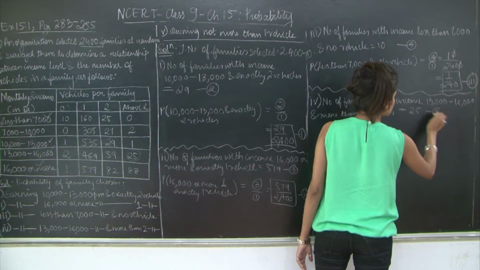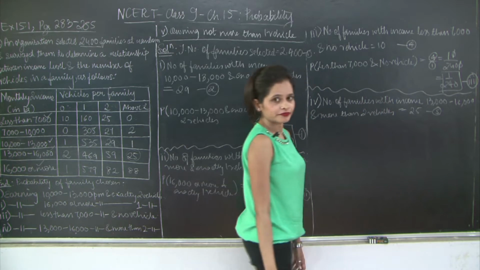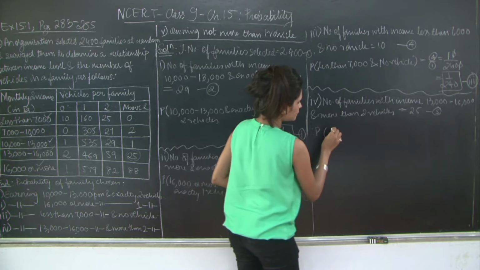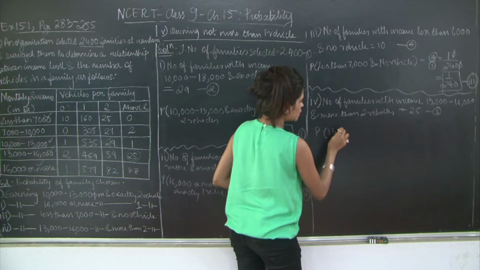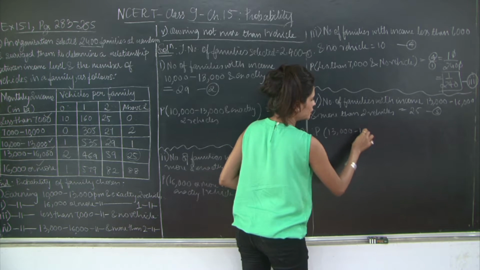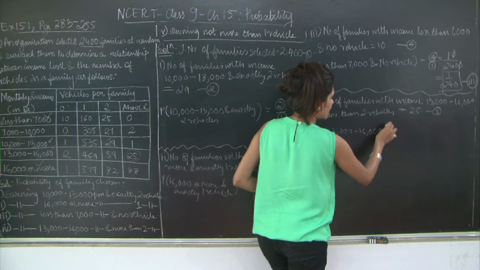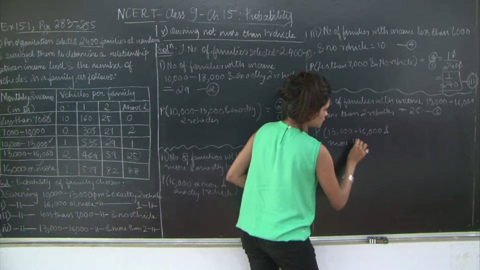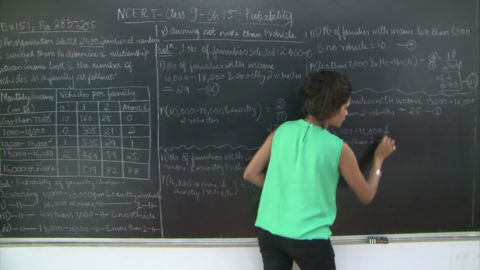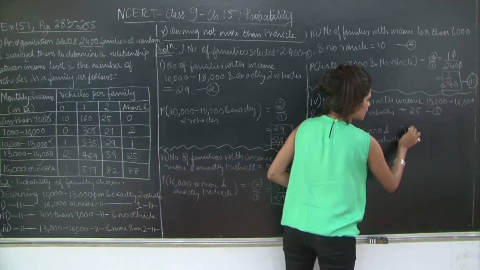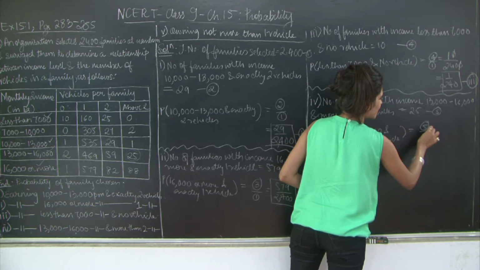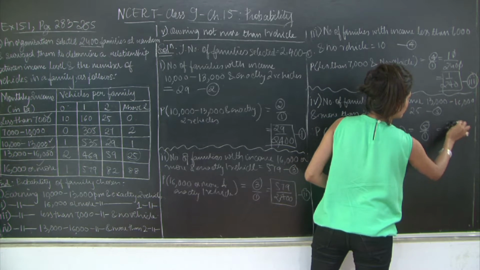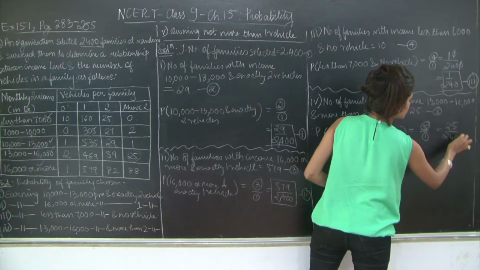Let's mark this as 5. Therefore, this probability of 13,000 to 16,000 income group and more than 2 vehicles is going to be equation 5 divided by equation 1, which is going to be 25 upon 2400.